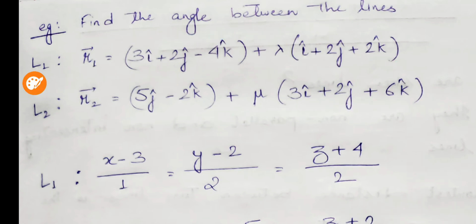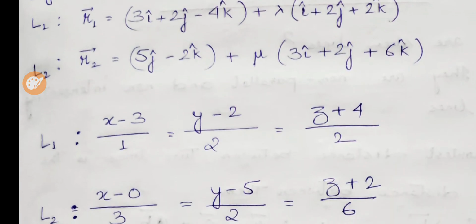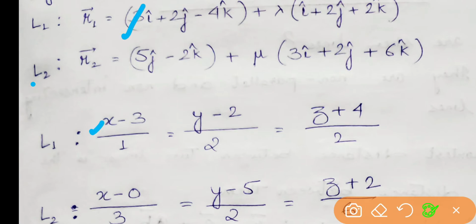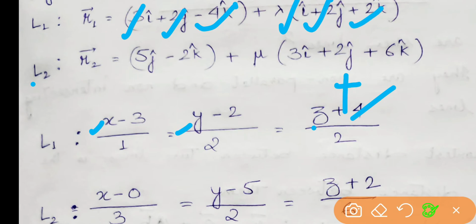It's very easy, you should understand how to write it. x minus 3 divided by the coefficient of this, 1, equals y minus 2, y minus because here there is plus and the equation has minus already, divided by this 2, equals z plus 4, because there is already a minus and when you multiply this minus 4 it becomes plus, divided by 2. So this is the Cartesian form. You should understand how to change it into the Cartesian form.